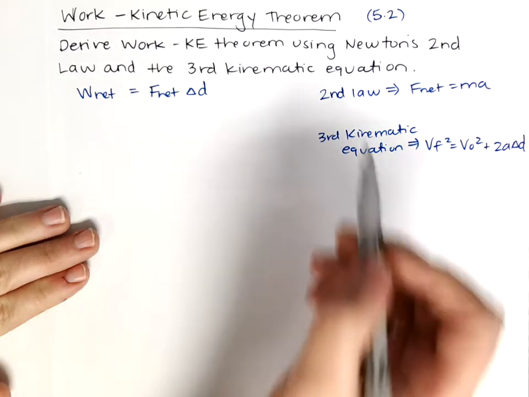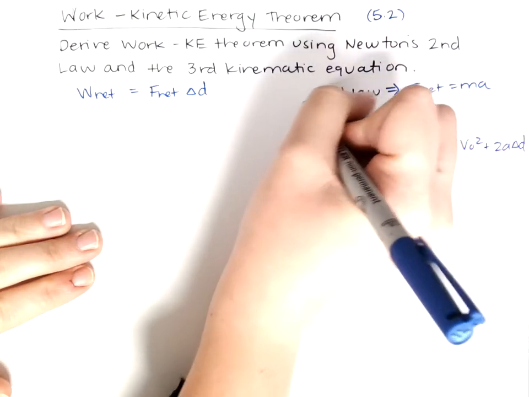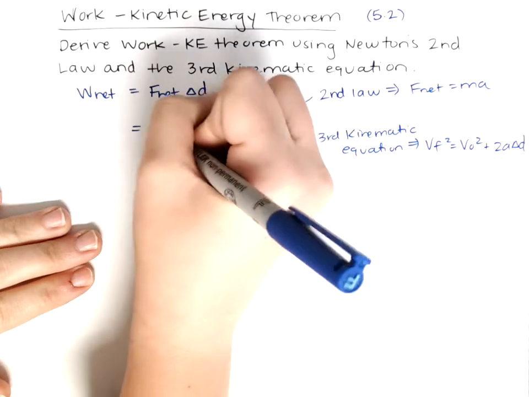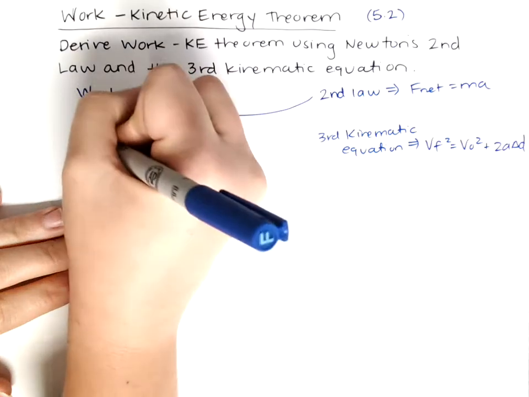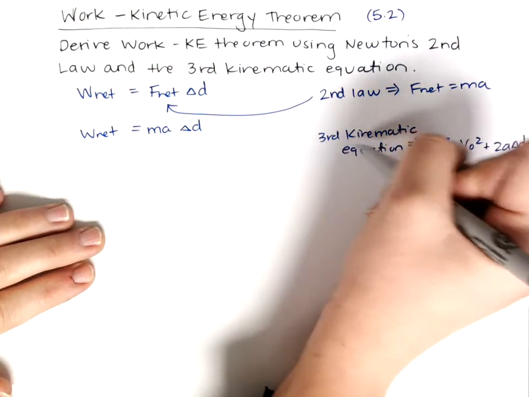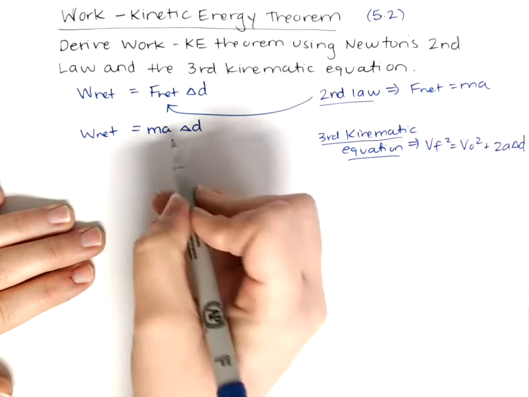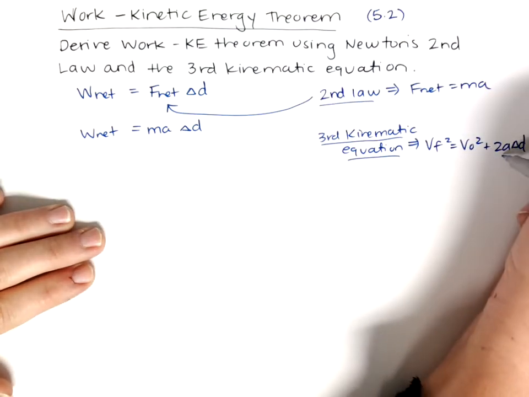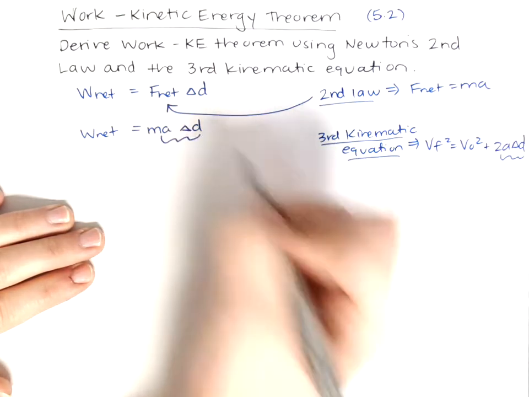And according to Newton's second law, F net is equal to ma. So let's go ahead and substitute that in for F net. We get ma times delta d, which is equal to net work. And let's use our third kinematic equation to solve for a delta d. So if we solve for a delta d here, we can plug it in right here.